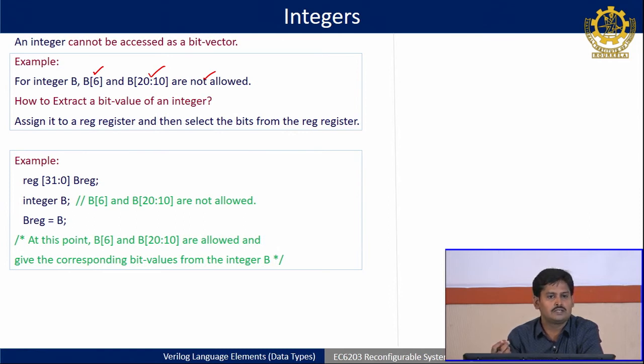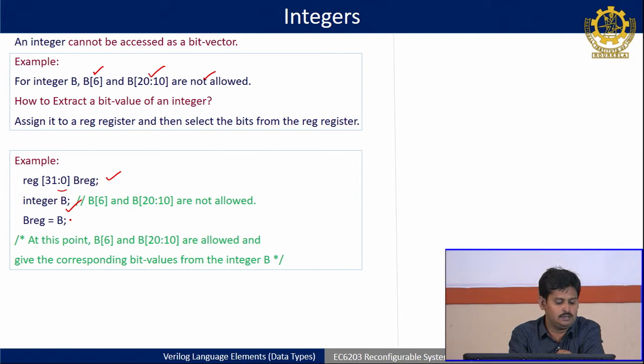So, then how to extract it? What you can do is assign the corresponding integer to a register of equal length, like 32 bits in size, and from that register you can collect the individual bit and part select, or use it further in your coding. Understood? In this example you can see integer b is defined. Apart from this, we have taken a 32 bit register b range, because both have to be the same size.